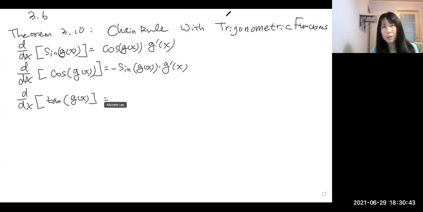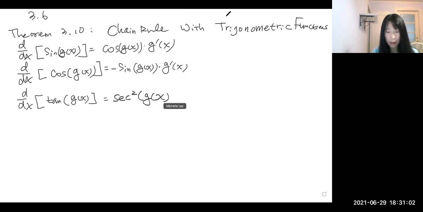With the derivative of a tangent, what do you get? Secant squared x. Secant squared g of x, right? Then we do whatever is inside, g prime of x.